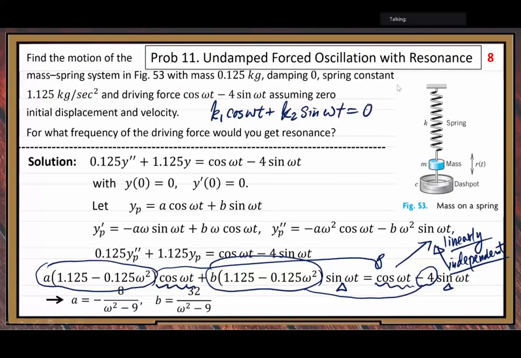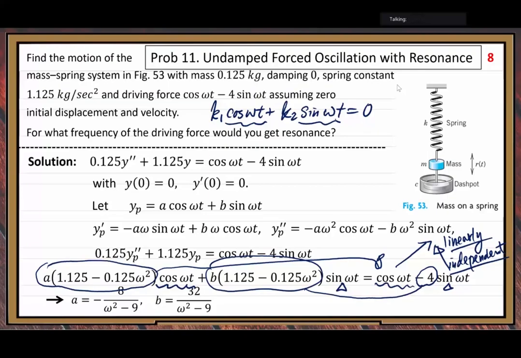But you know these two functions are linearly independent, which forces K1 and K2 to both be 0. That's the definition. We know they are linearly independent by calculating the Wronskian, which is non-zero. So K1 and K2 must both be 0.